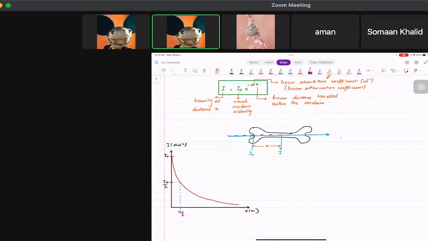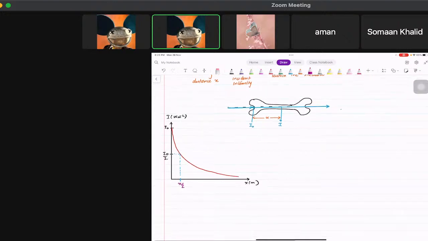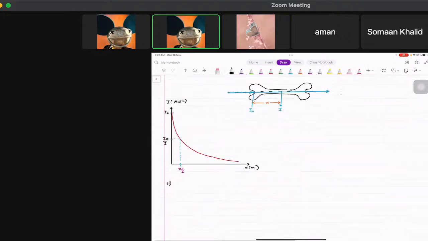So this x half has a meaning, and this is the 11th section, I believe, and it is called the half value thickness of a material.